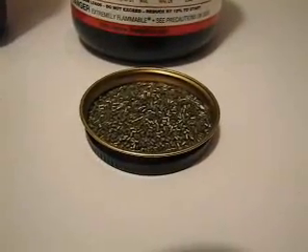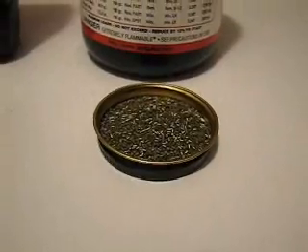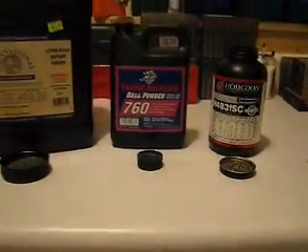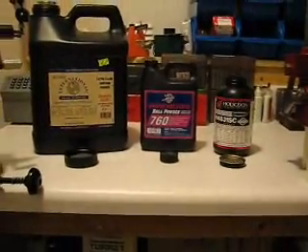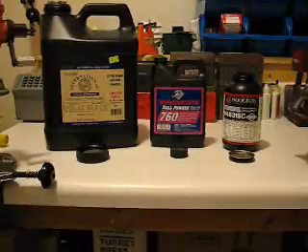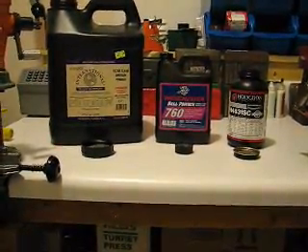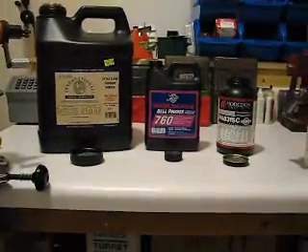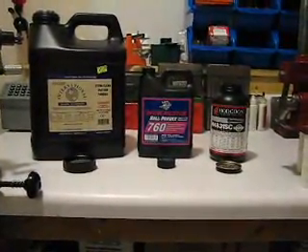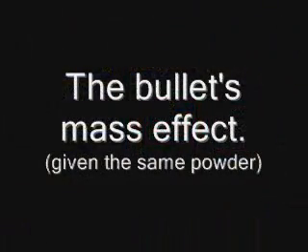Generally, extruded powders are very stable in extremes of temperatures, whereas ball powders that are made with the old Olin technology have something in them that makes them measure really well by making spheres, but they're a little bit more sensitive to temperature, and so in extreme hot and extreme cold, you do get variation in performance more so than with the extruded powders.